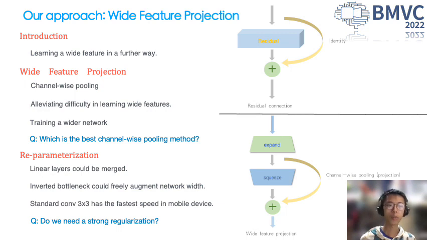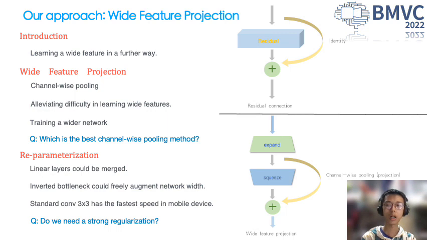And this block could be applied with the reparameterization strategy because the linear layers could be merged, and the inverted bottleneck, as the figure shows, with expand and squeeze convolution could freely augment network width with this strategy. Ultimately, it can be merged into a standard convolution, which has been proved to have the fastest speed on mobile devices.